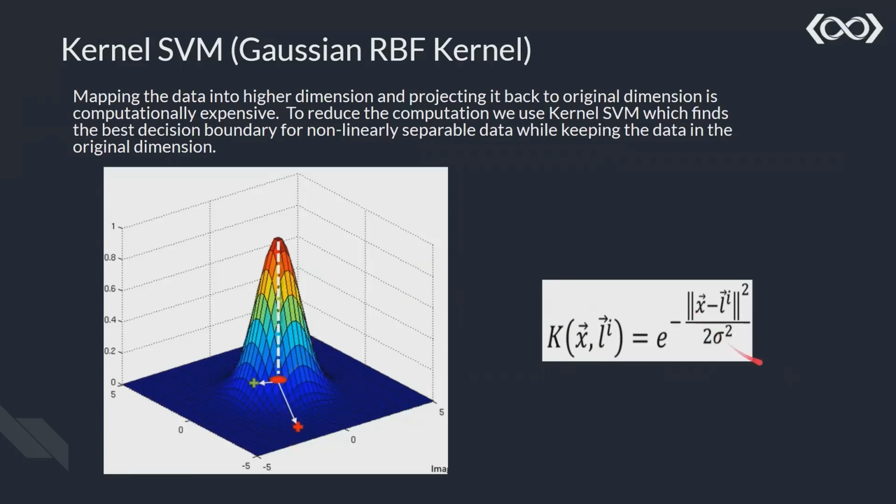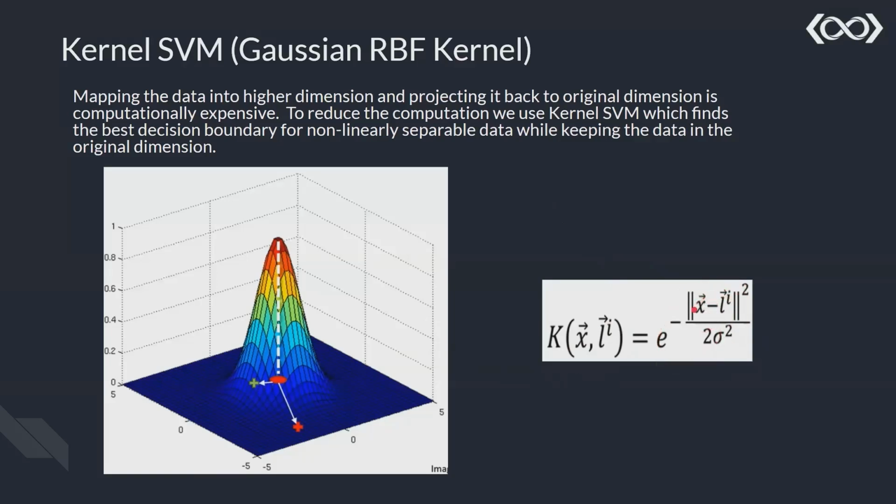So what is the role of sigma here? The role of sigma is that it controls the circumference of the circle. Let's say for some sigma I was getting the k value, or the z coordinate, of this point as 0. But now if I increase the sigma, x minus L is constant because the vectors are not changing.